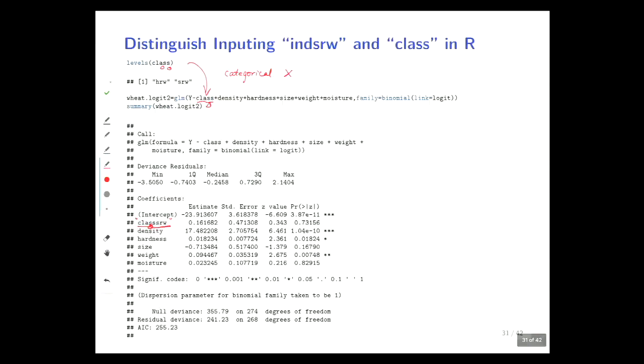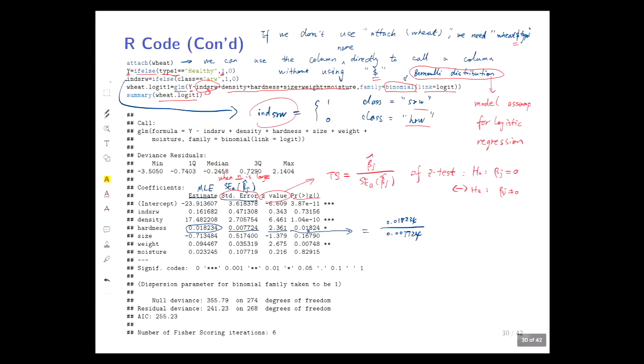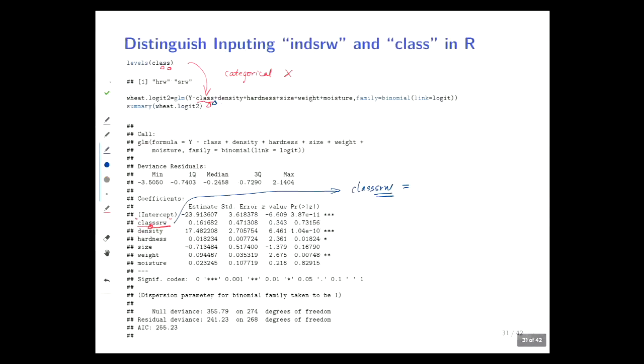That means if you input class directly in R, it will automatically generate an indicator variable, which is called class SRW. So what's class SRW? It's actually equal to the indicator variable in the previous page, which is IND SRW, which equals 1 if the class equals SRW, from the name.